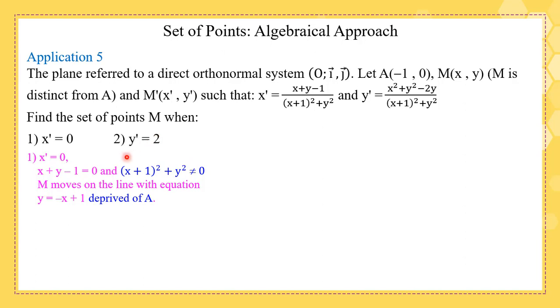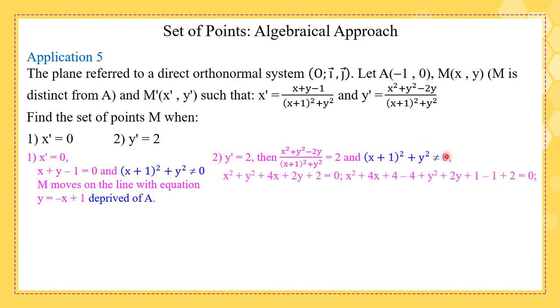Now let's see the second case. Y prime is 2 and we need to find the set of points M. Try to do it alone. This is y prime, remember. So y prime is 2, then this quantity is going to be equal to 2 and the denominator should never be 0. If we simplify the first quantity, we get such an equation.